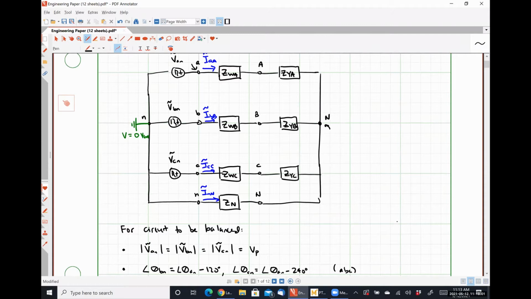Our current through our neutral conductor is originating at lowercase n and terminating at capital N, right? So it looks like it should be 0 minus VNN divided by ZN.